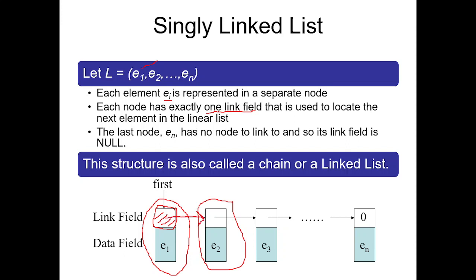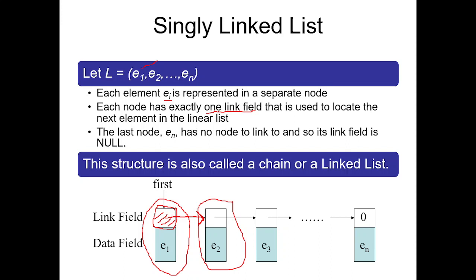We have a link from E1 to E2 because inside E1 we have information about the address or location of the next node, which is E2. So inside the first node, we have this information about the node that comes after it, and that information is stored in the form of a pointer. A pointer is a variable that is used to store an address.